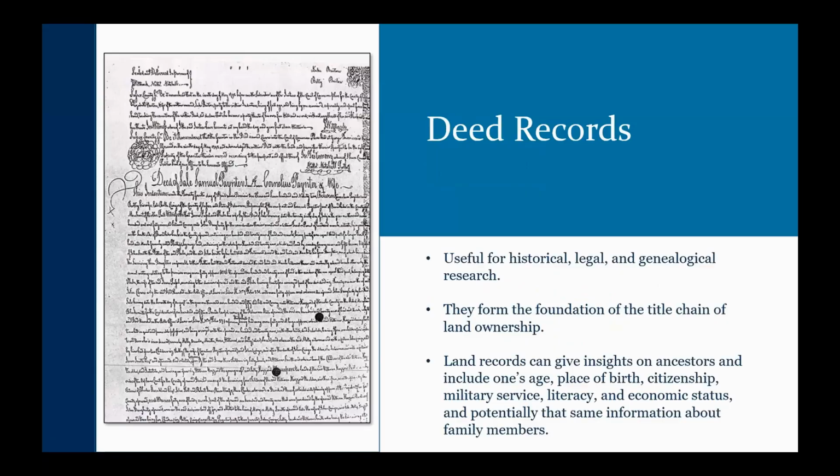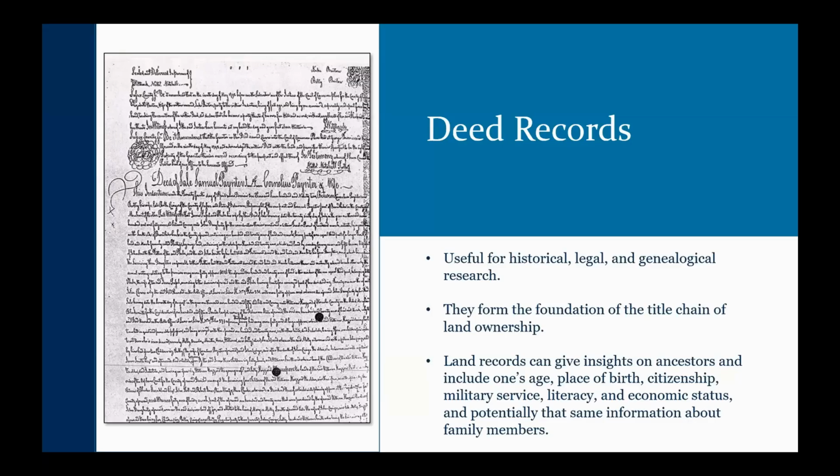Deed records, of course, are a written legal document transferring ownership of property from one person to another, and deeds are kept at a county level in Delaware. These can provide very useful historical and legal information for genealogical research.